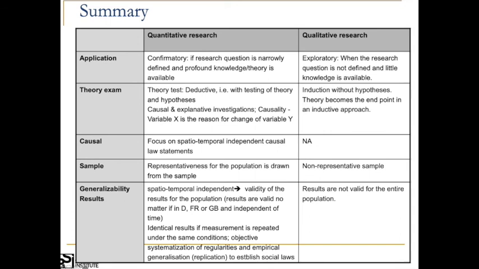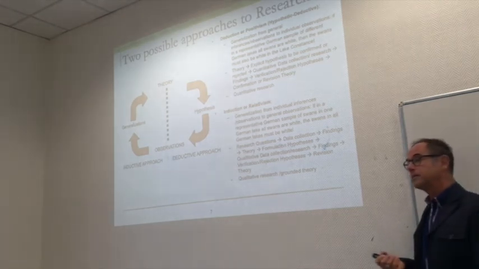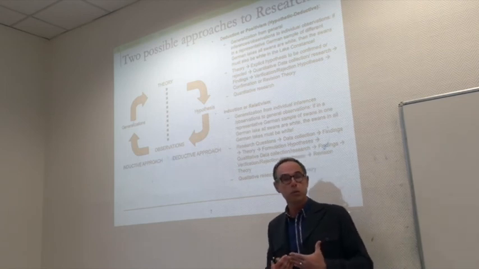There should be identical results if the measurement is replicated under the same conditions with an objective systematization of regularities and empirical generalization through replication to establish social laws. So it's a deductive approach where the generalization comes from general inferences or observations to individual observations.